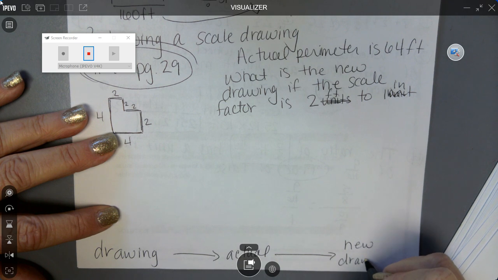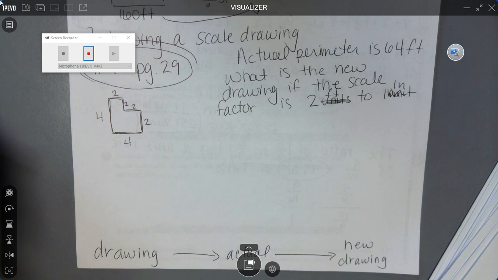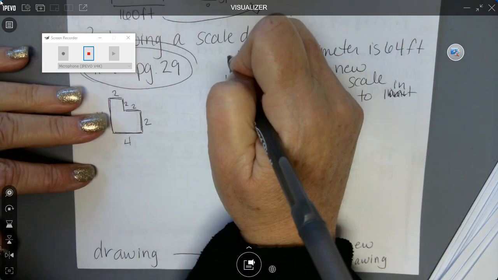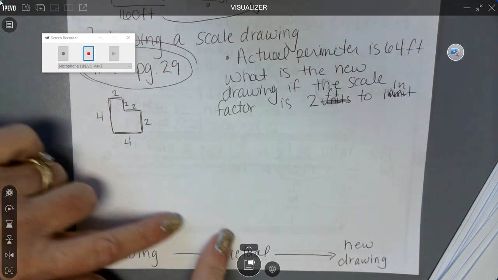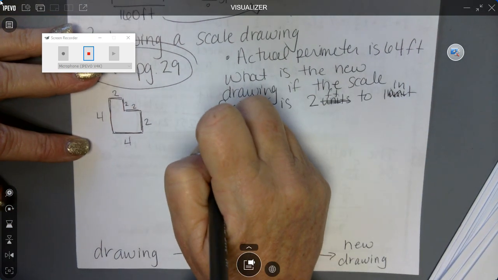That's what we have to do. Now, here's what I know. To convert this drawing to my actual, I know that my actual perimeter is 64.